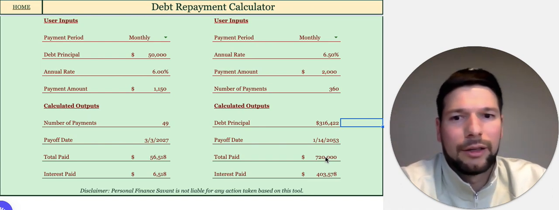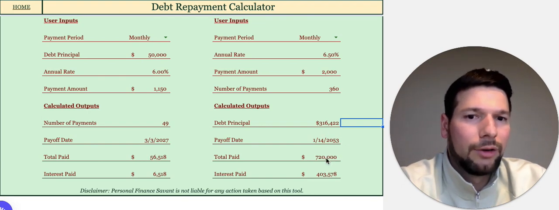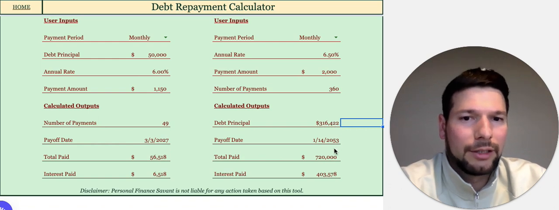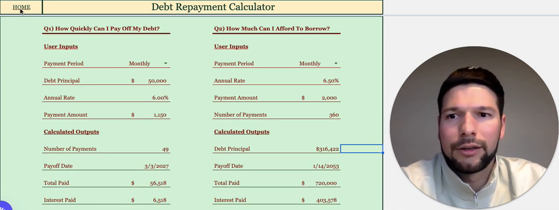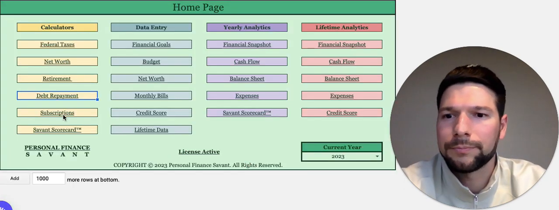They're seeing the loan balance slowly go down. But over this loan, you're actually going to pay over double what you actually borrowed. You borrowed $316,000. You paid back that plus an extra $403,000 in interest. So two great tools right there if you have any debt or you plan on taking out any debt.